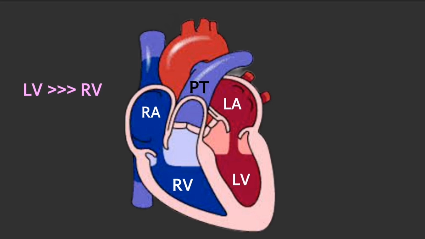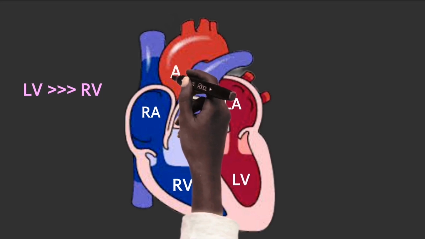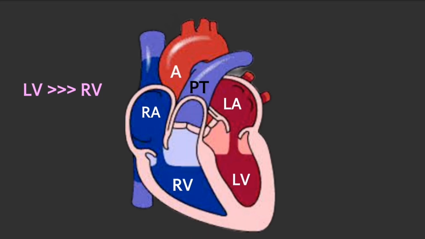Then the left ventricle pumps blood through the aorta, which I have labeled as A, to supply the rest of the body. Now within the heart and the outflow vessels, by outflow vessels I mean the pulmonary trunk and the aorta, are structures called valves, which function to keep blood moving in one direction.